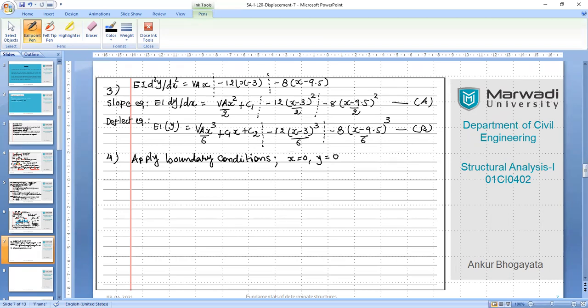When you have x as 0, this term becomes negative, this term also becomes negative, so those terms are to be neglected as per the Macaulay's method rule. So in general, when x is 0, y is 0, C2 becomes 0. So directly you can write for these two conditions, C2 is 0.